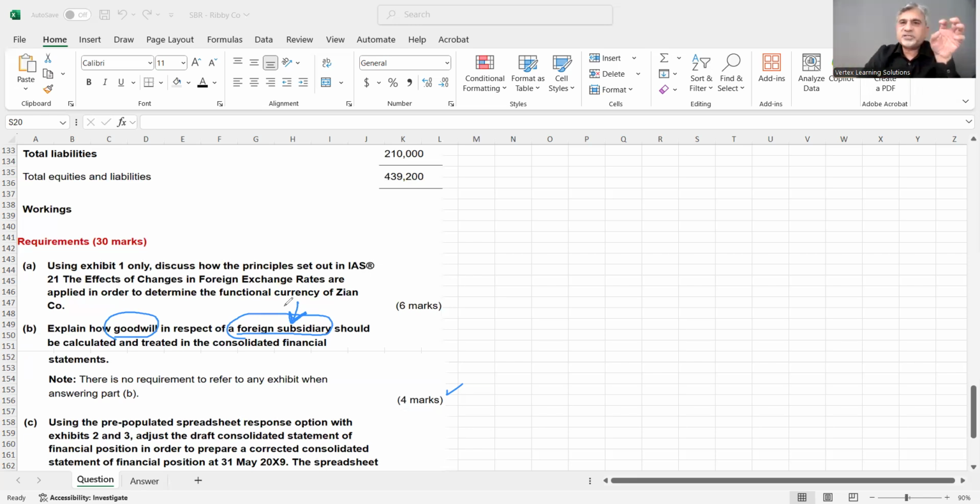I should have mentioned that at the subsequent date, goodwill should be measured at the spot rate, which is the closing rate on the reporting date, and translated into the parent currency and then shown in the statement of financial position. Any differences which arise as a result of translation should be recorded.